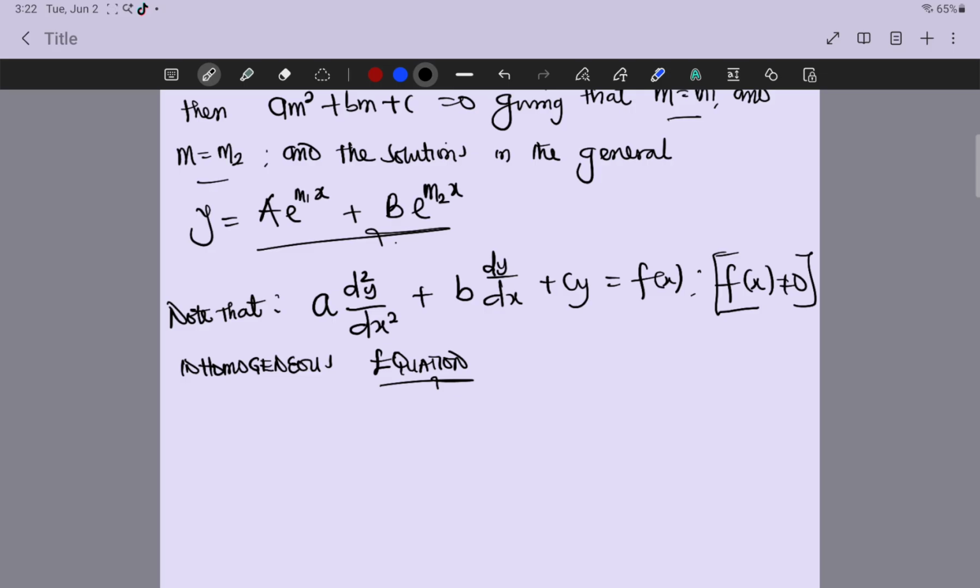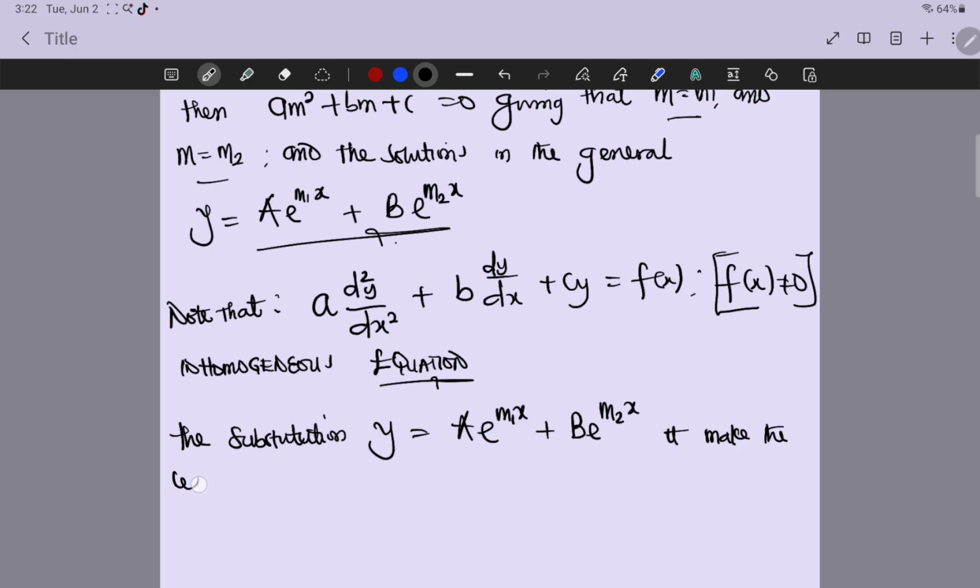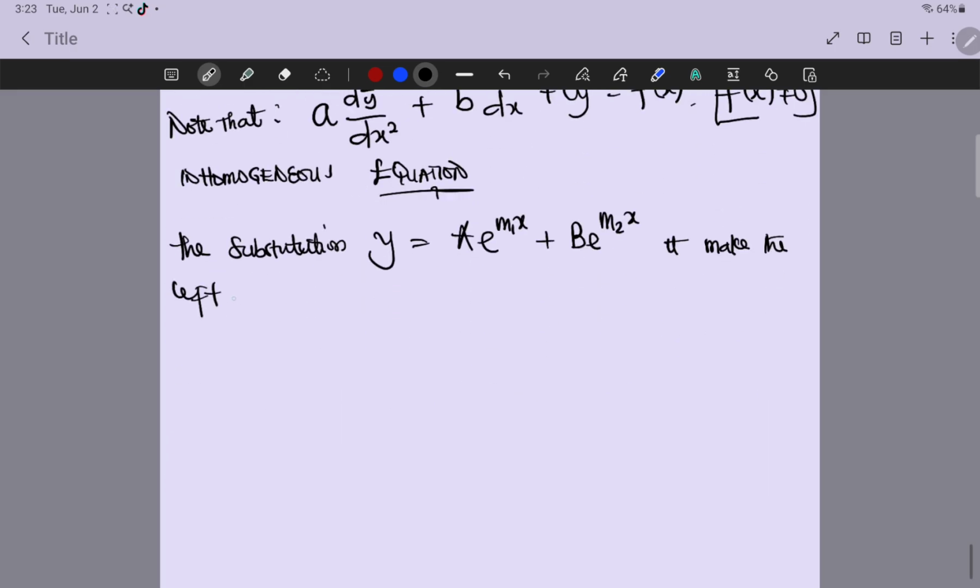And so the substitution y equals ae to the m1x plus be to the m2x would make the left hand side 0. Is that okay? So that is what we are saying.